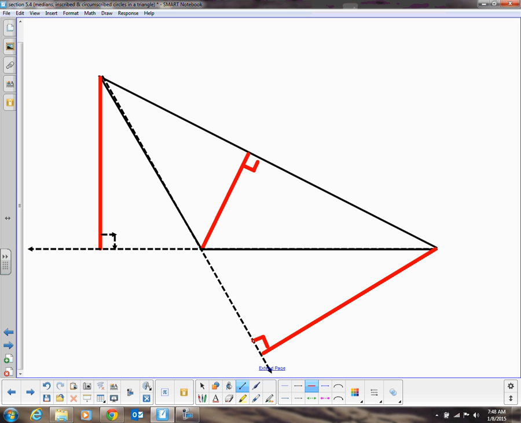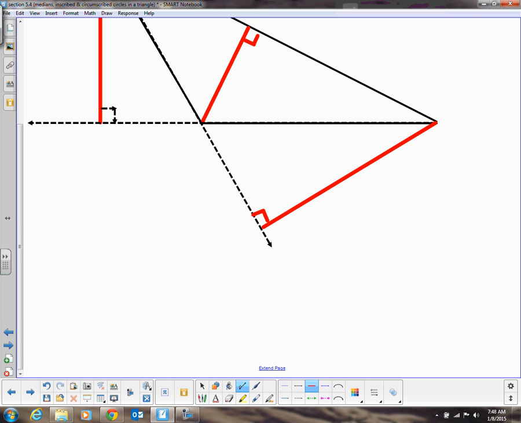But guess what happens if we extend these segments. So these are the altitudes. When we get into geometry, we're in geometry. When we get into area, watch what happens when I extend my altitudes.